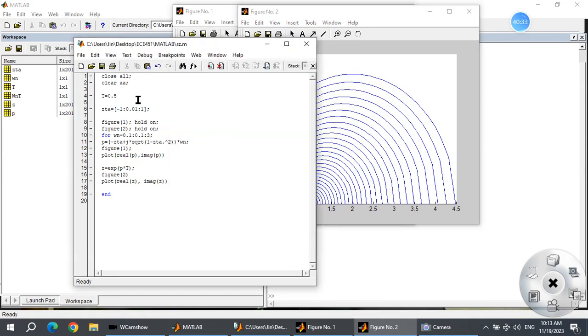Okay, I can change t to 0.5, that is fine, but I can give more omega n's. Omega n now goes to 3. If I give this to 10, maybe it looks better. To 10, and the step is higher. Step is 1.